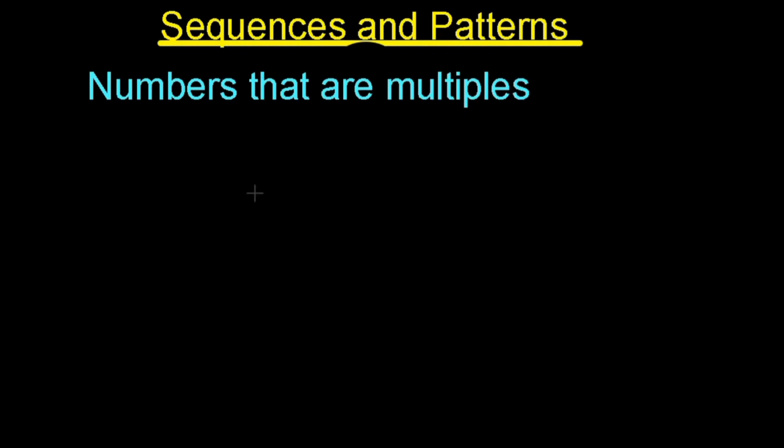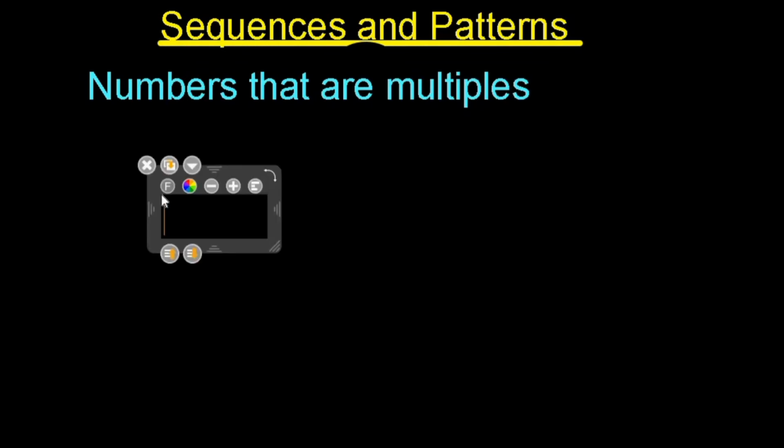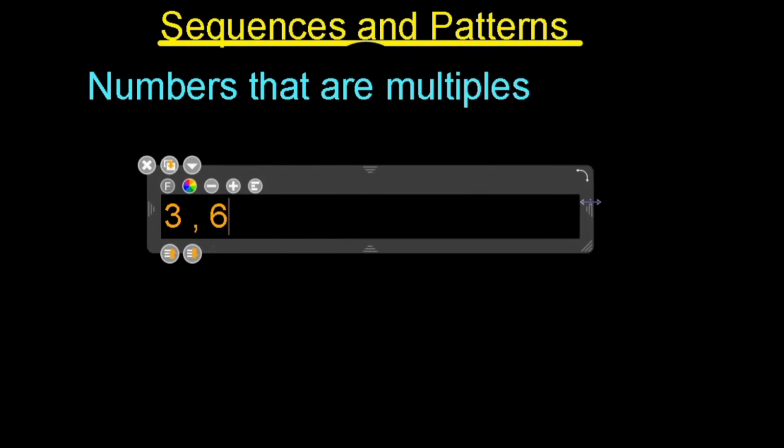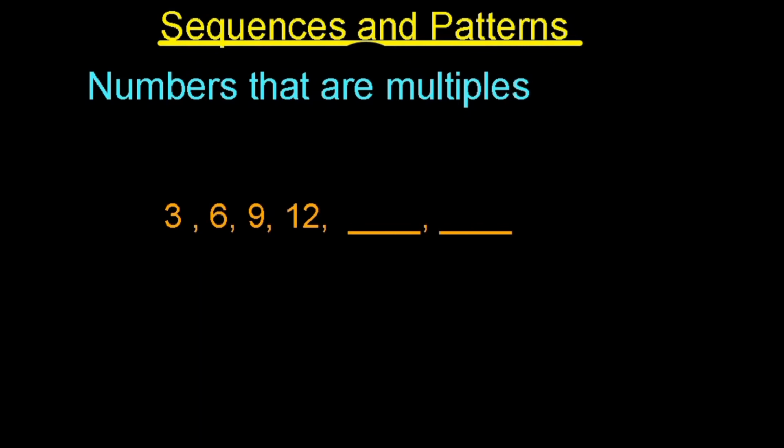So we are going to take an example of multiples of 3, and now let's start writing them. So 3, 6, and let me increase this, 9, 12. And I'm going to put 2 dashes over here so that we can also identify the next two terms of the sequence.